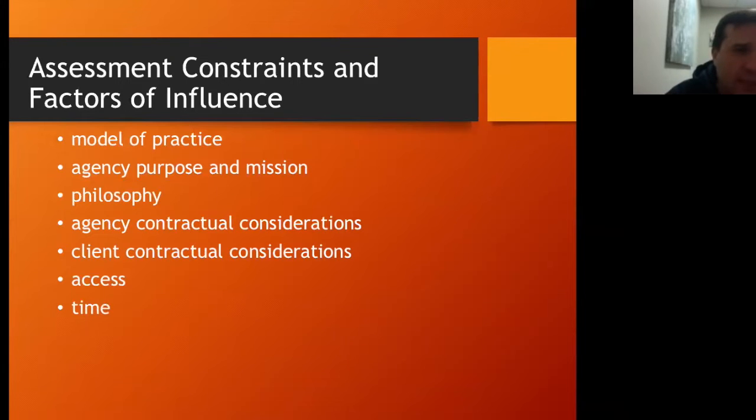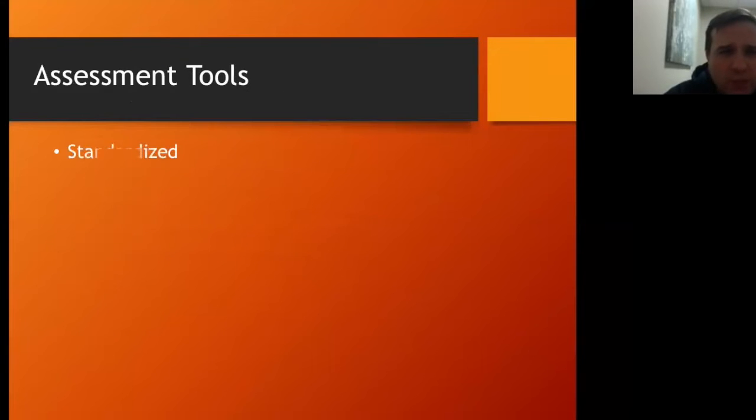And obviously time. Some of you have talked about being limited on time, 20 minutes, a half hour to do the whole job. Some of you have talked about having more extended periods, like being able to do an assessment over 3 visits. All of those different things add to either constraints or factors of influence. And of course, resources. How much can you actually give to your client out of an assessment?